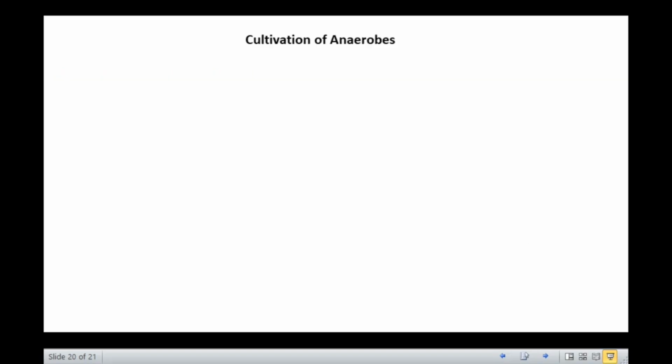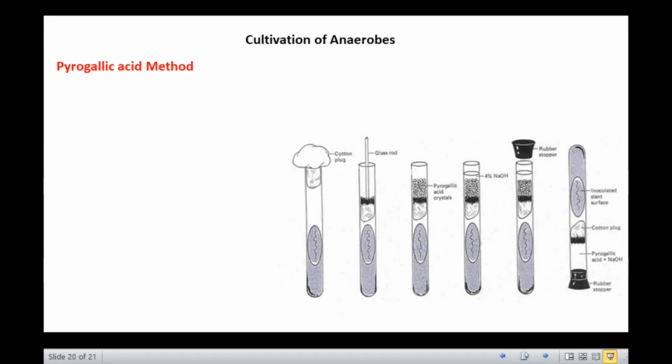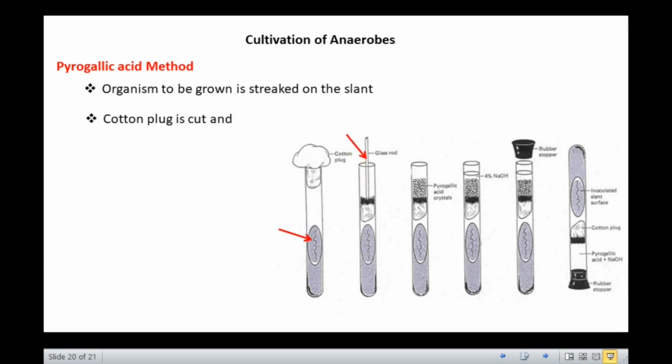The next method is the pyrogallic acid method. This is a routinely used method for cultivation of anaerobes. As can be seen in this figure, the organism to be grown is streaked on the slant and the cotton plug is cut and pushed in with the help of a glass rod.